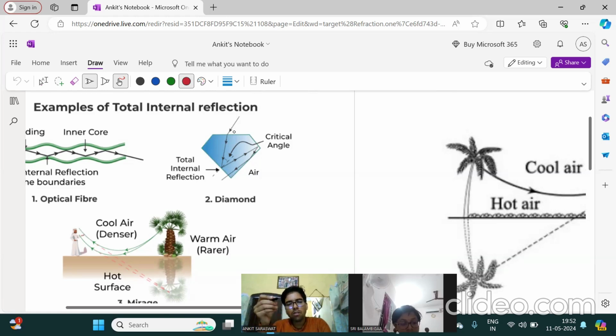You will see the band of 7 colors. Blue light is coming from this point, here green light is coming, red light. So diamond is sparkling. Sparkling of diamond is because of TIR. You can see this light, once it enters, it is again reflected into the same medium. Is it so?